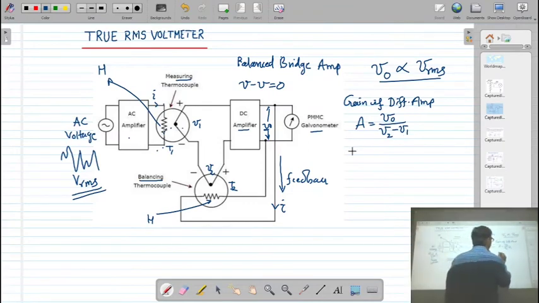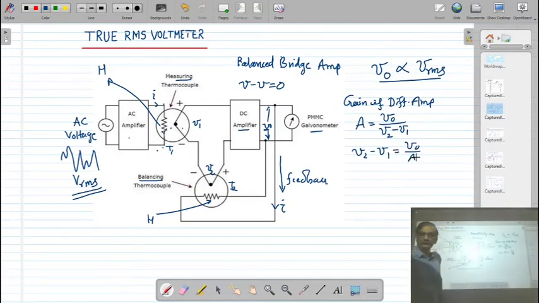So we can say V2 minus V1 is VO divided by A.